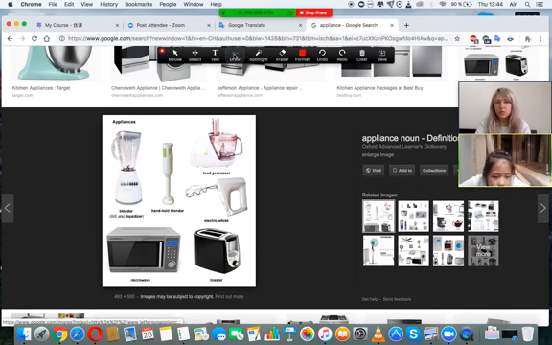Let's read what we see here. So handheld blender, food processor, electric whisk, the next one.